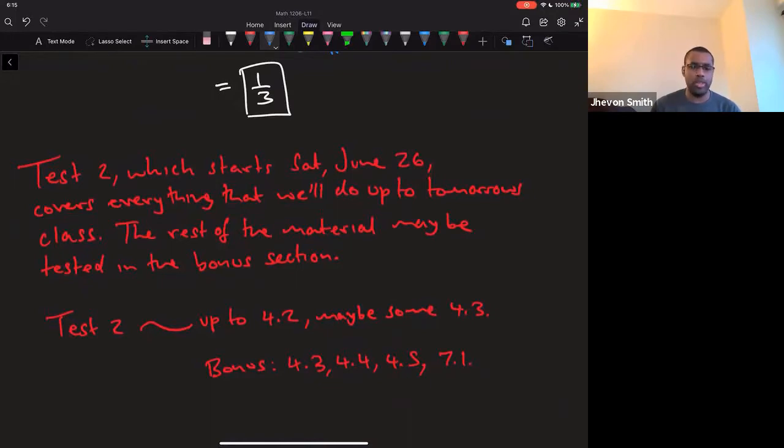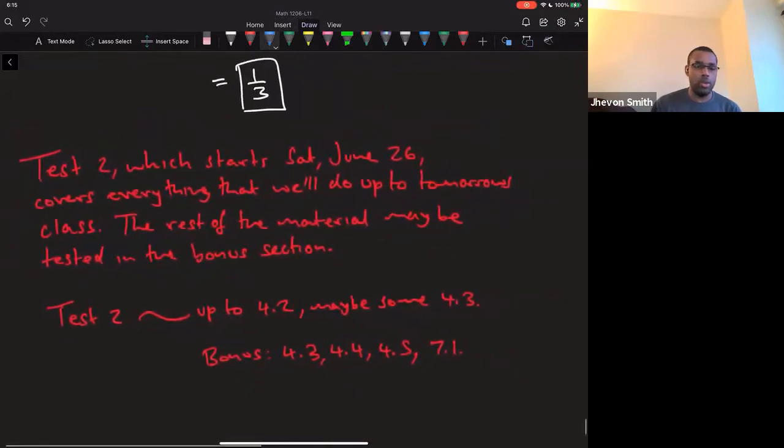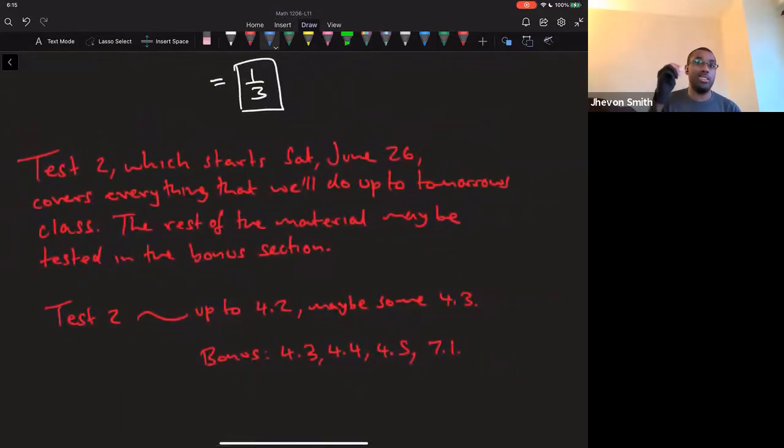And I also reminded you, as you can see here, an announcement for test 2. It will be starting on Saturday at 9 in the morning. It'll be open until Sunday, 9 at night, I think. So that's like a 36-hour window, which I think during that period of time, everyone should be able to do it.